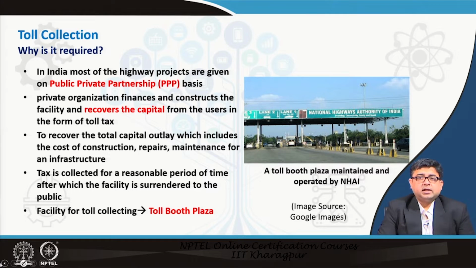So, what we have seen is that at toll booth plazas at some of the very busy highways, you would see long queues that start forming, which cause a considerable amount of delay to the traveling public, and more and more we are observing that such delays in turn result in a lot of emissions at those locations as well, right, because the vehicles are stalled, and if a large number of vehicles are queued up and stalled at those locations, then the emissions are even higher.